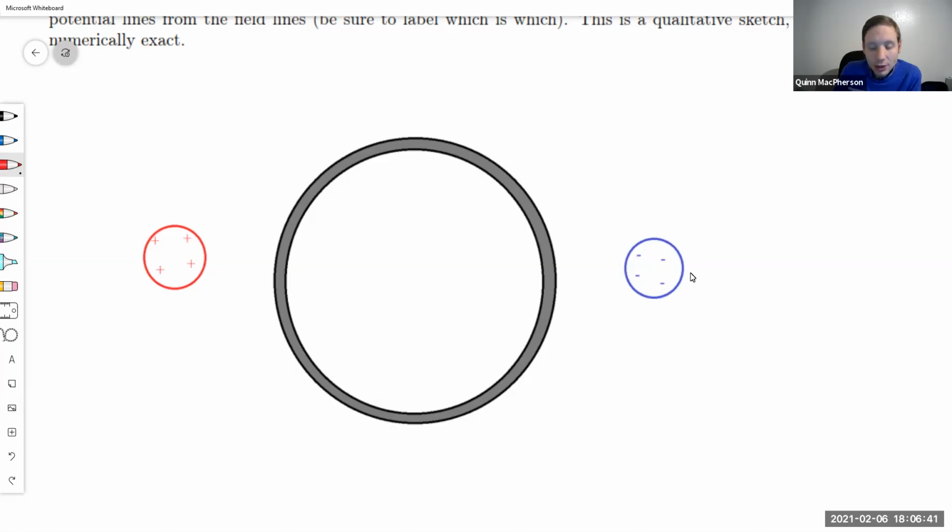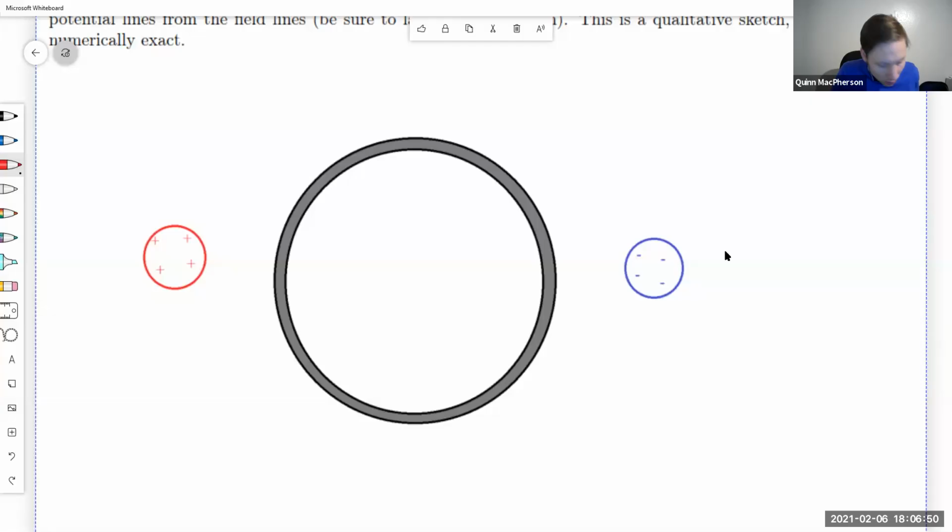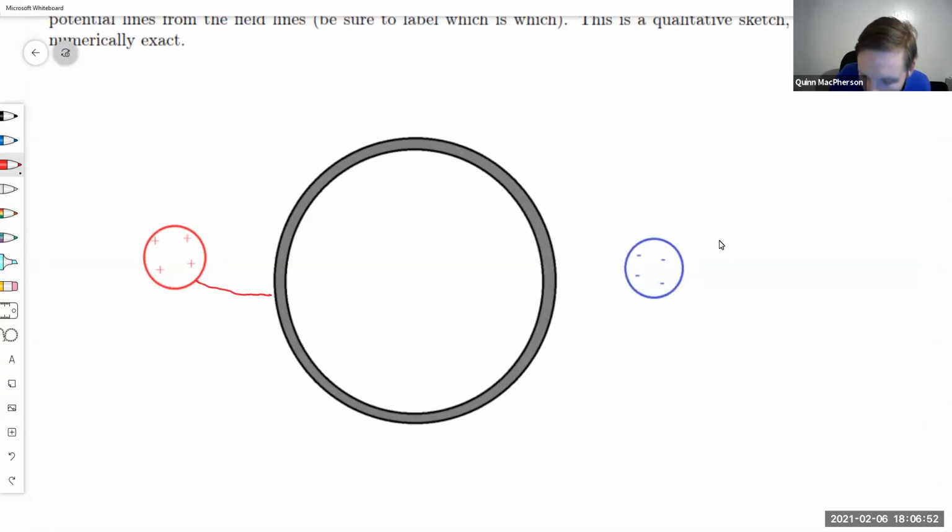So as a result, you see the field lines, they go like this, and then they have to come in pointing perpendicular to the edge of the metal.